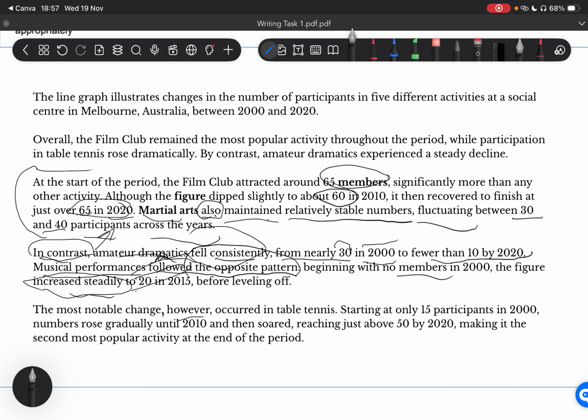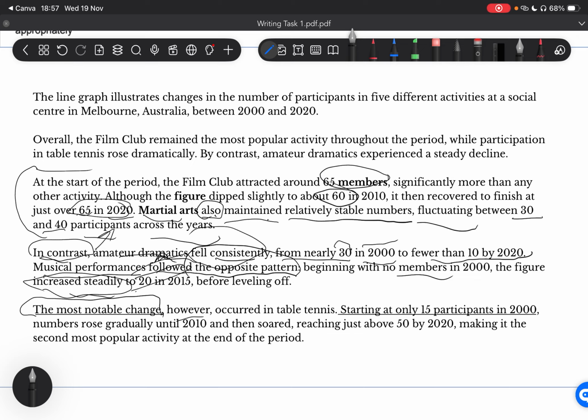So the most notable change, however, was taken into another group. It occurred in table tennis. Starting at only 15 participants in 2000, numbers rose gradually until 2010 and then soared. So here, starting at only 15 participants in 2000, we're talking about the most notable change. So as you can see, this paragraph started with this one, which is a good cohesive device.